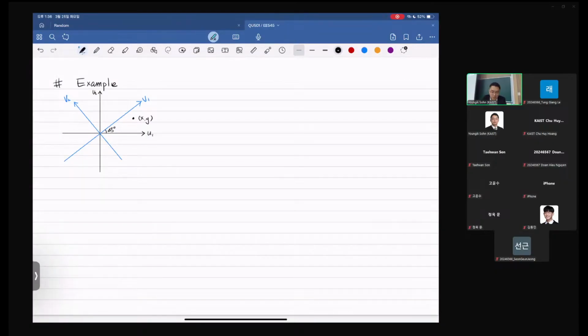What I'm doing is this mirror operation with the V1 axis. All right, and then this x comma y is read from the U1, U2 coordinate system, all right?